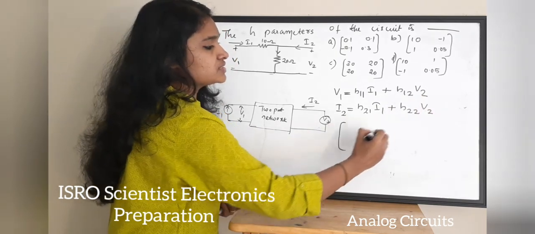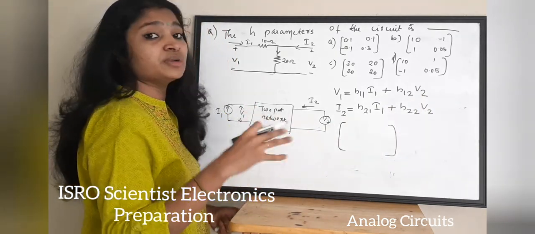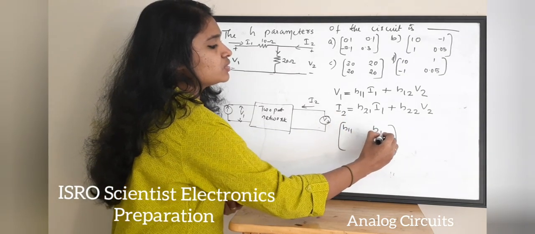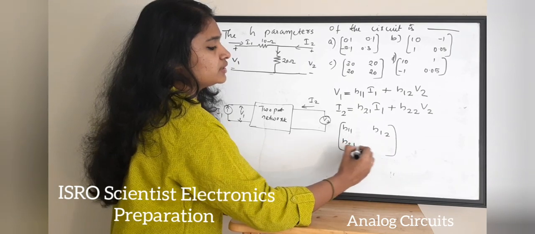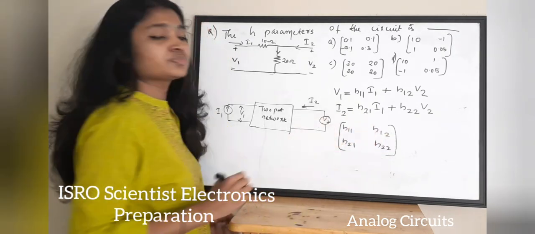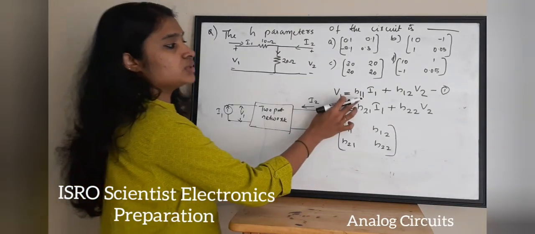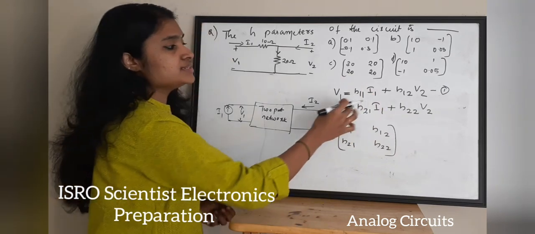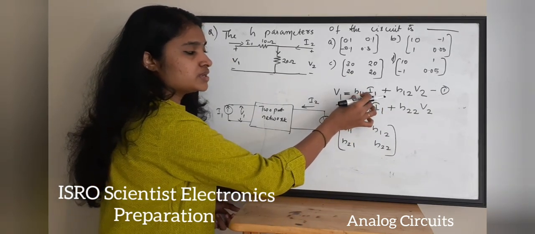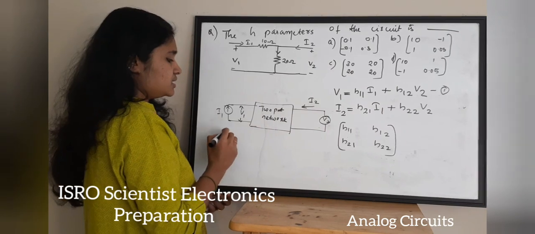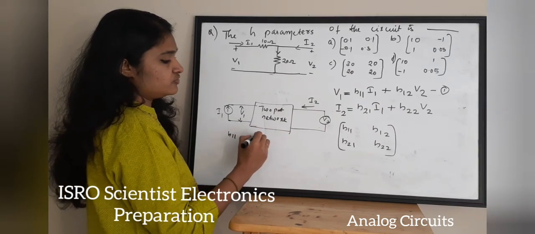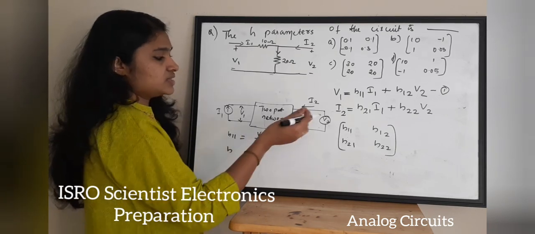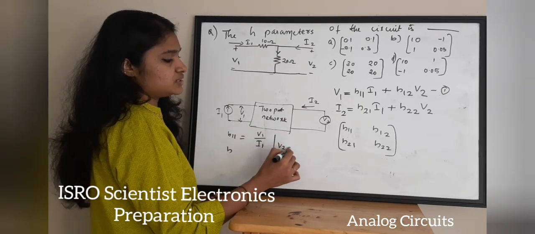The matrix form of the hybrid parameters is H11, H12, H21 and H22. You can get the equation for each parameter by making the other term 0. If you want H11, make the V2 term 0, so H11 is equal to V1 by I1 with V2 equal to 0.